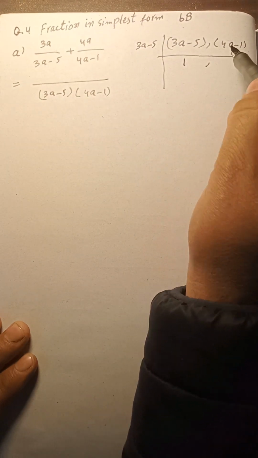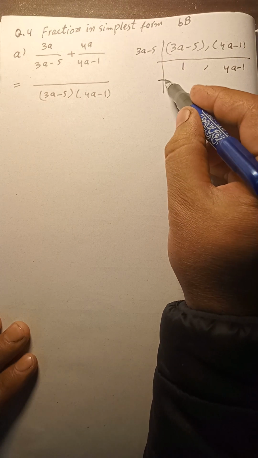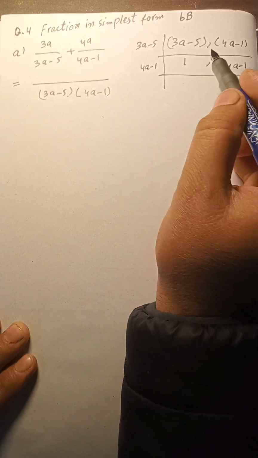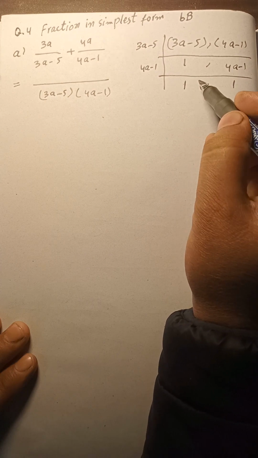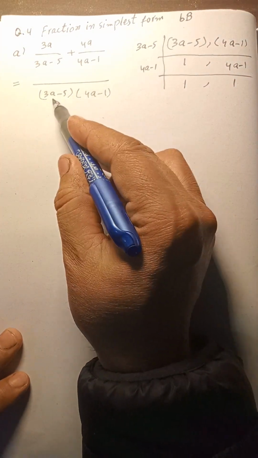It will become 1 and this will be written the same, 4a minus 1. Now the second time we will divide it by 4a minus 1, because this now becomes 1 and this is also 1. So this is our LCM, as I have written it here.